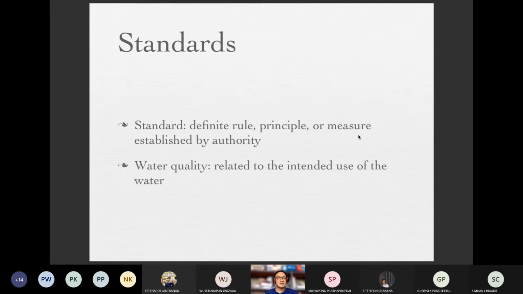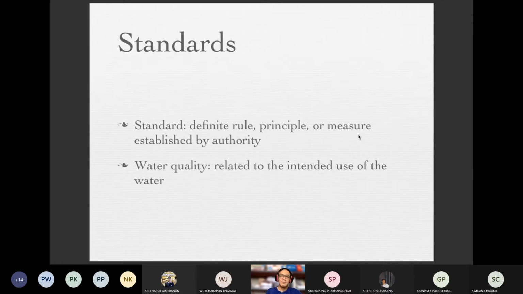Water quality standards in Thailand are normally established by the Pollution Control Department, and each municipality also has the authority to create or launch its own standard. But anyway, the standard they make up should relate to the intended use of water.